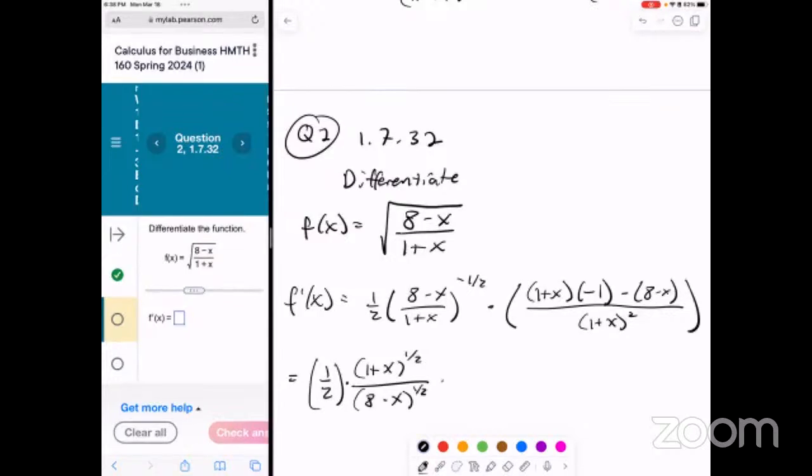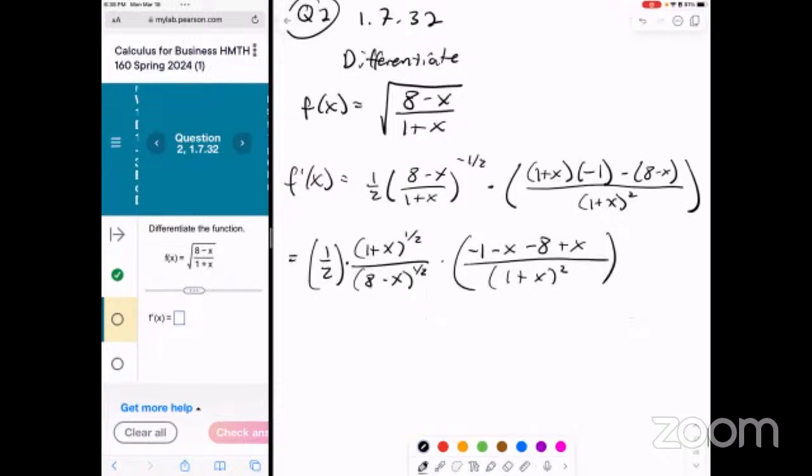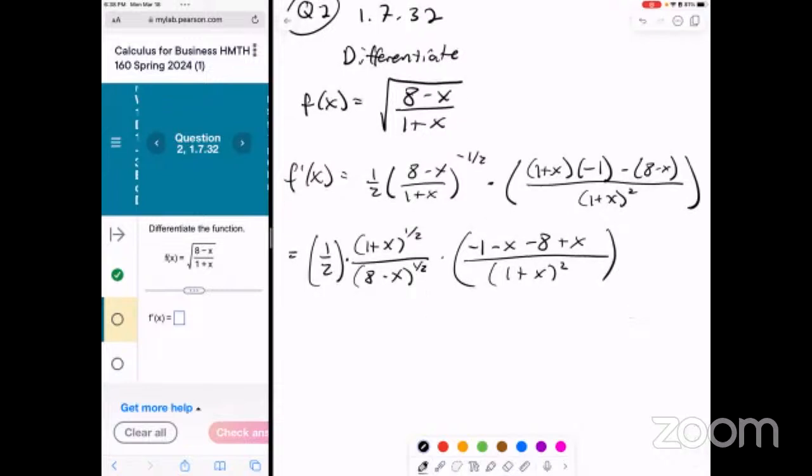Now, if we simplify that guy, it looks like we have a -1 minus x minus 8 plus x over 1 plus x squared. Okay. It looks like this is canceled by this. Looks like we had a -9 on top. Okay, we got some cancellations going on here.